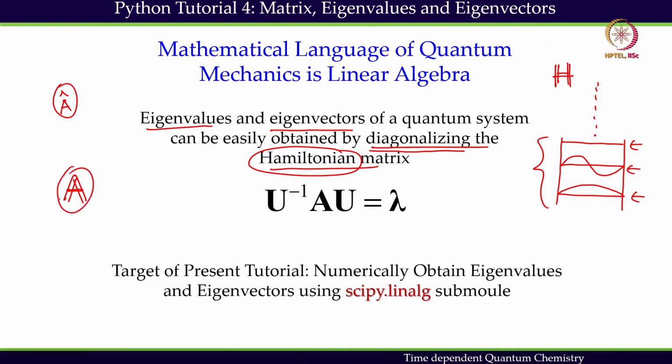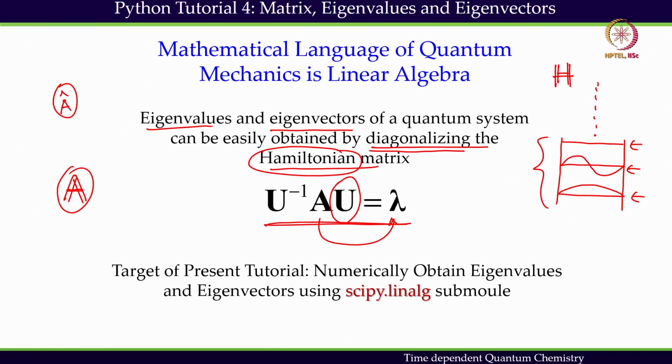So, if I have a matrix A like the Hamiltonian matrix, then I can perform a linear transformation like this with the help of a unitary operator U. This unitary operator has to be found, and its role is that it transforms the matrix into a new diagonal form, in which the diagonal elements represent the eigenvalues of the matrix A, and the columns of the matrix U represent the eigenvectors of the matrix A.